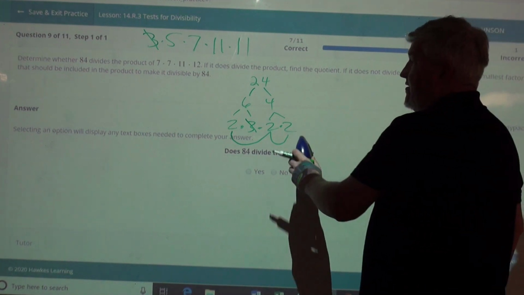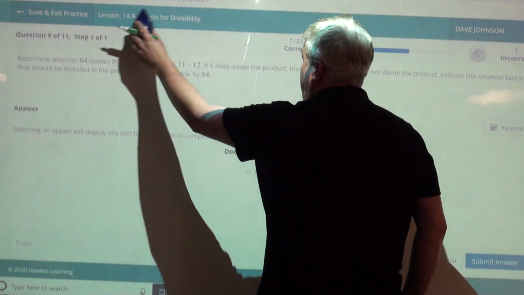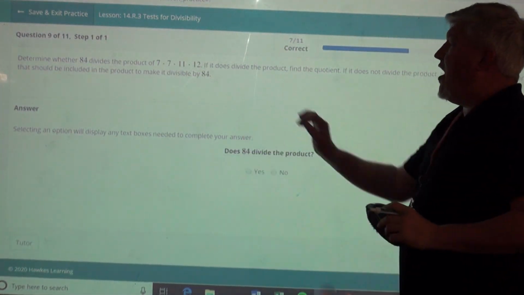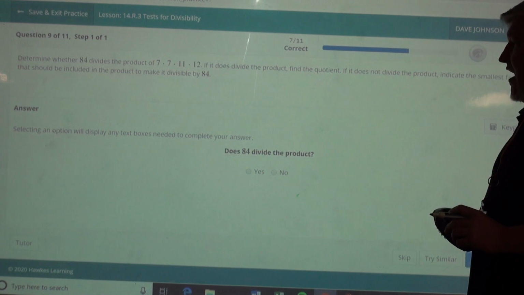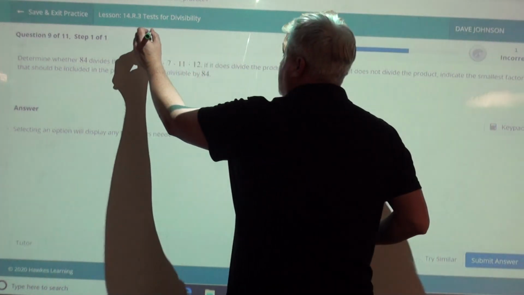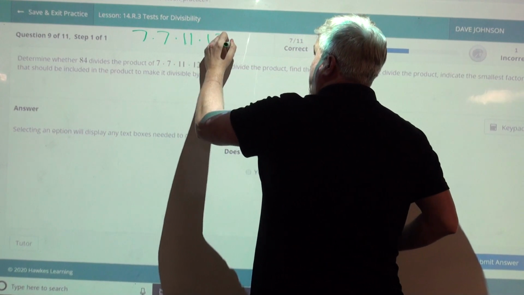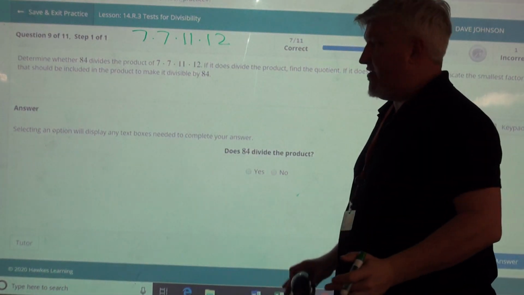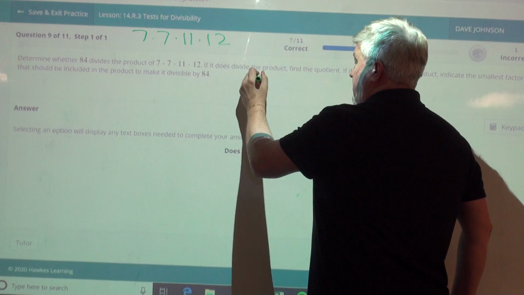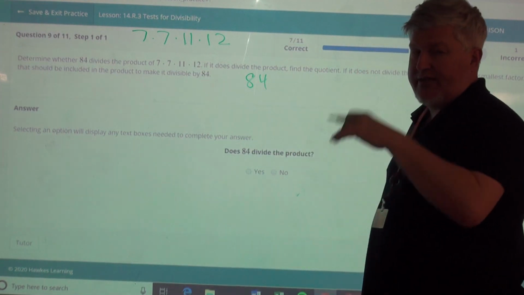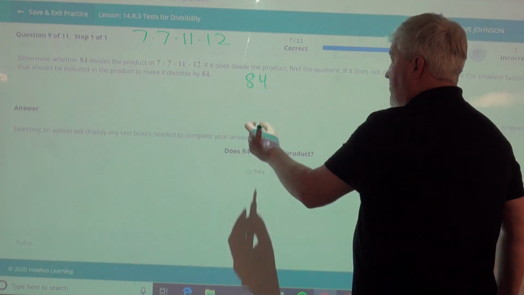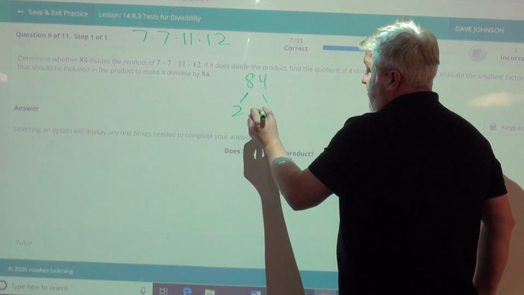All right, determine whether 84 divides this product: 7 times 7 times 11 times 12, times 7 times 11 times 12. Let's do factor trees. 84. Not a real common thing that comes to your mind, but it's an even number, so you know it's got to be 2 and 42.